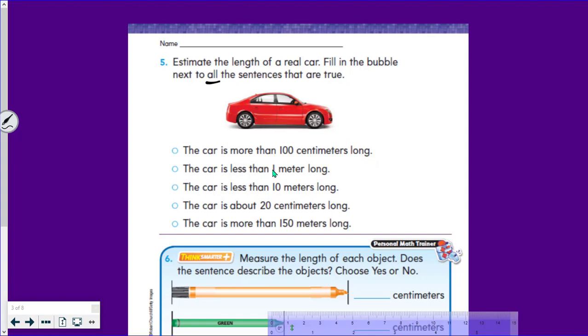The car is less than 1 meter long. The car is less than 10 meters long. The car is about 20 centimeters long. The car is more than 150 meters long. So fill in the bubble next to the ones that you think are true.